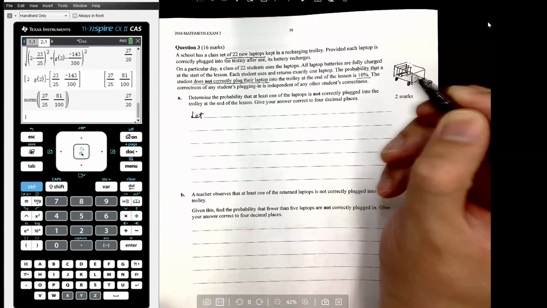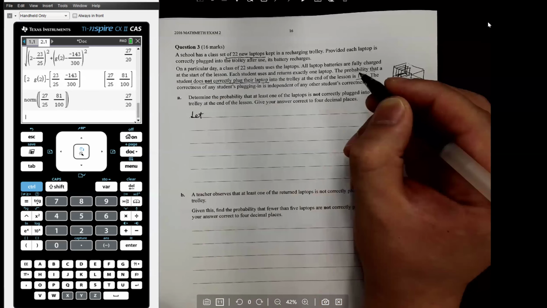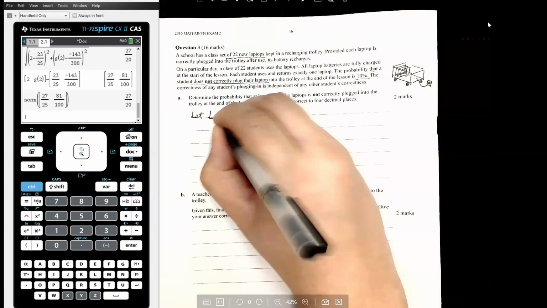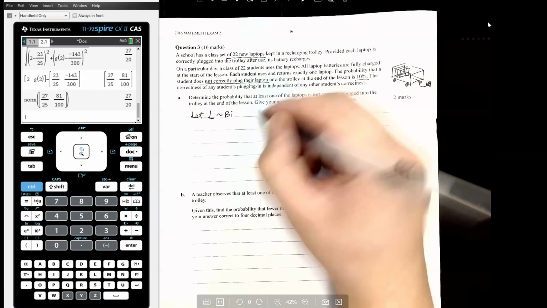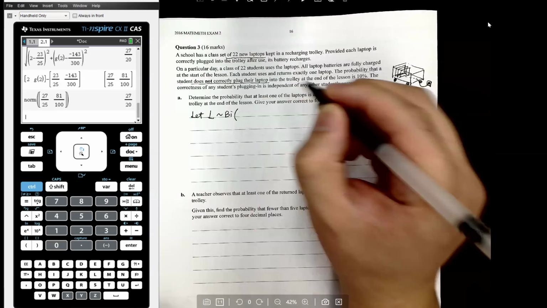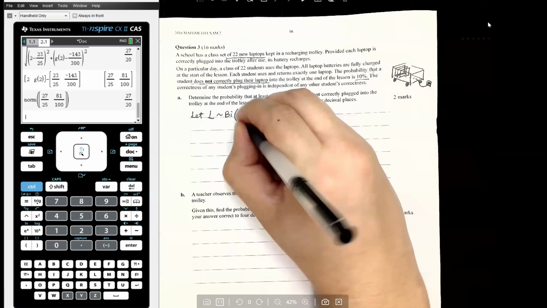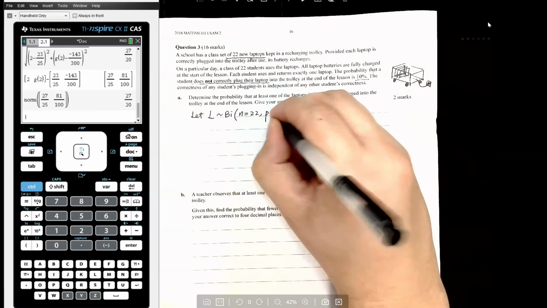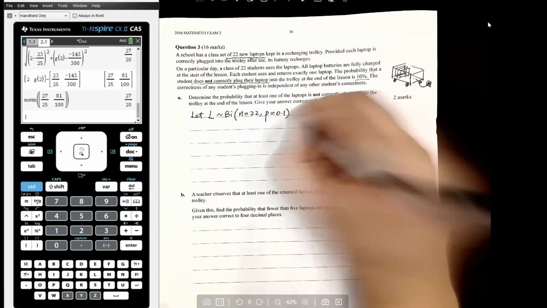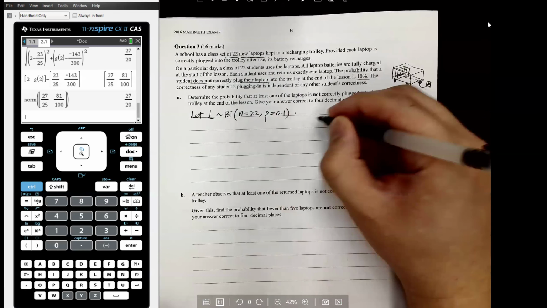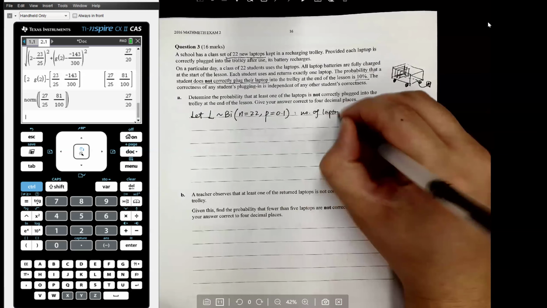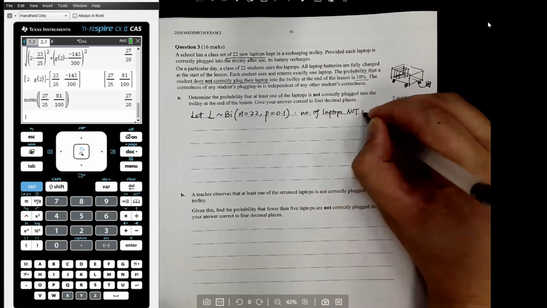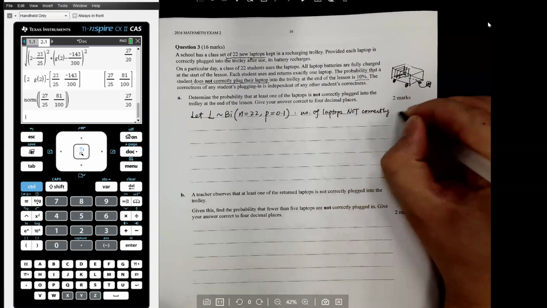How many laptops are correctly plugged in or incorrectly plugged in? Binomial, n equals 22, p equals 0.1. I probably would specify the number of laptops not correctly plugged in.